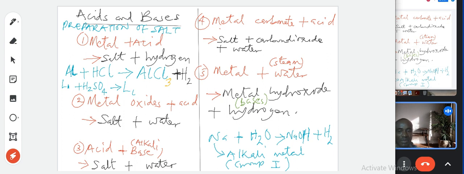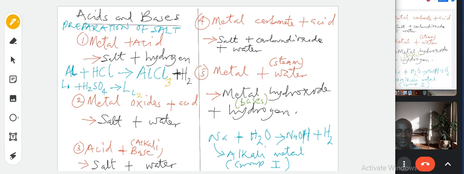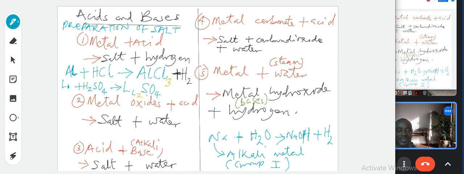The valency of lithium, sorry, is 1 plus. So it would be Li2, and then just SO4 because there's only one sulfate, so you don't need to bracket SO4.